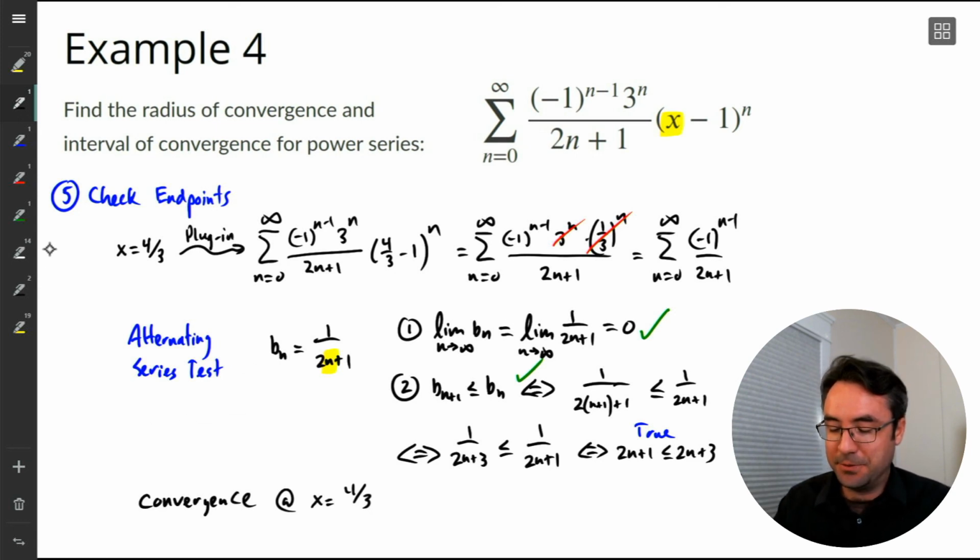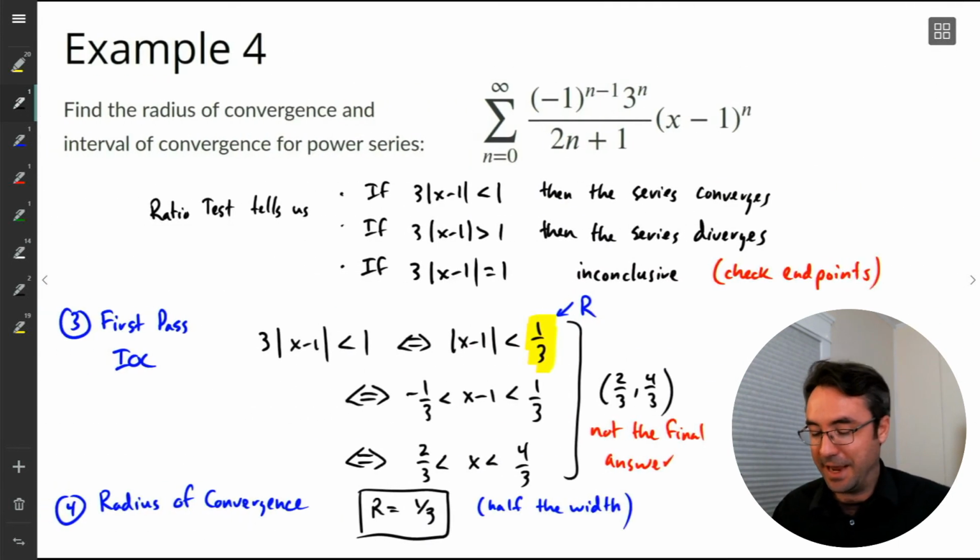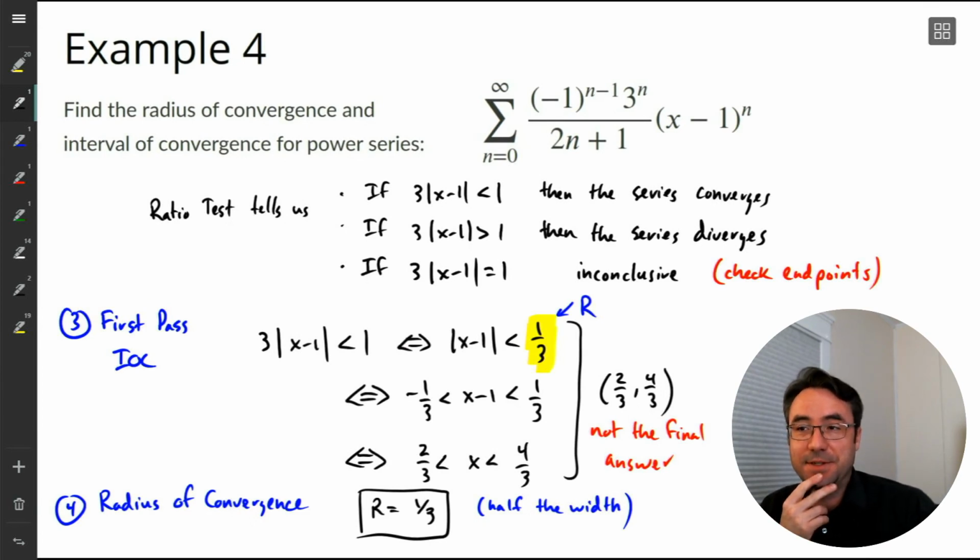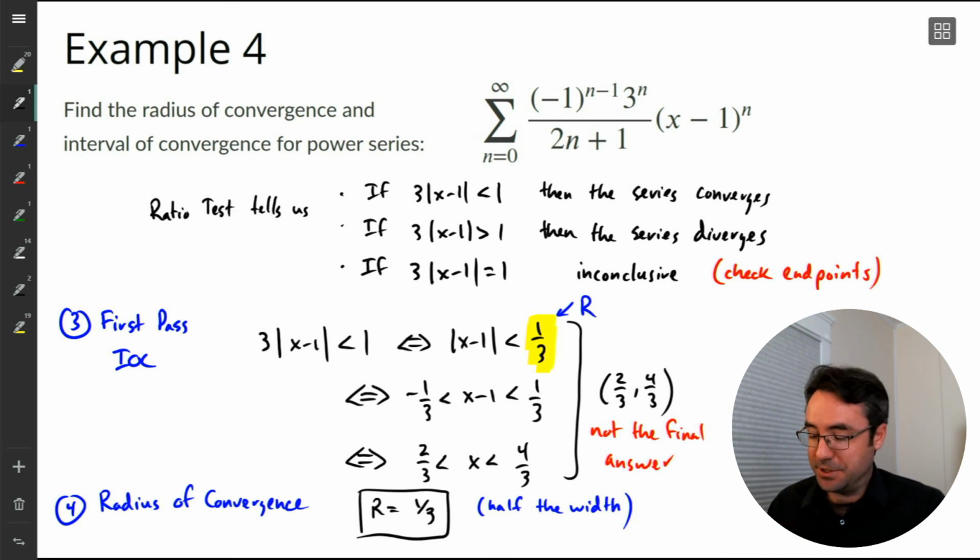And now we're ready to finally answer, what is the interval of convergence? We go to our interval here, and at the endpoints, if the endpoint was divergent, we leave it a parenthesis. If the endpoint was convergent, then we put our brackets, meaning we want to include that endpoint in our interval.